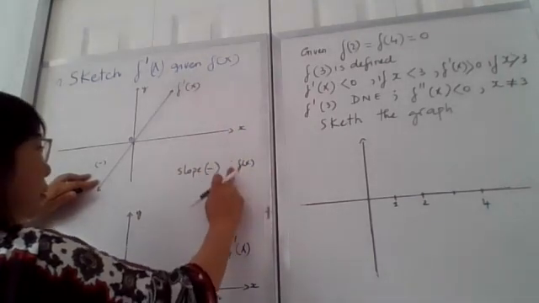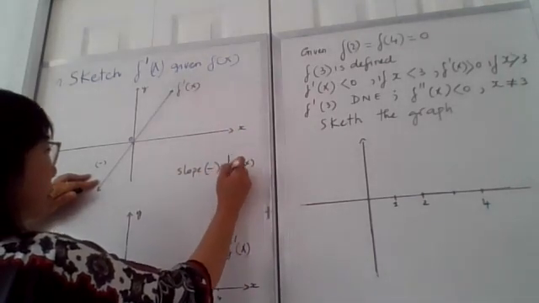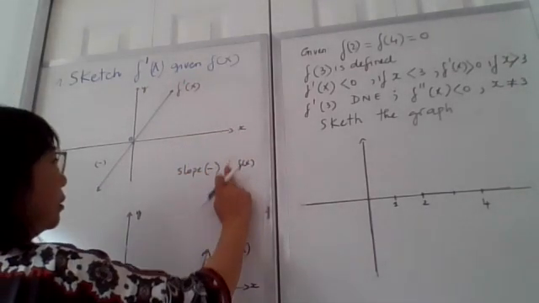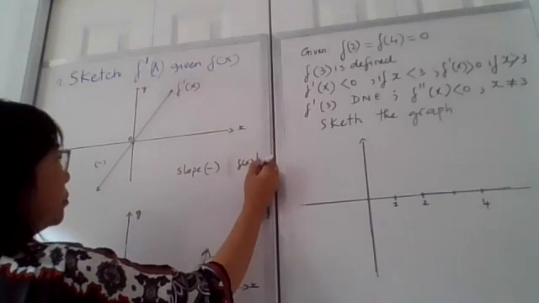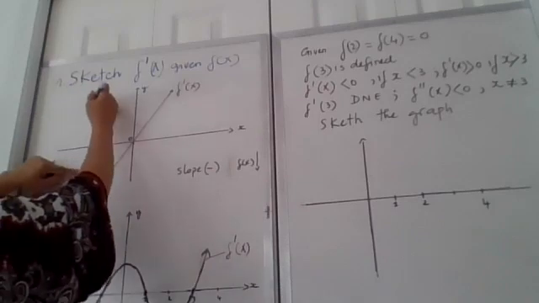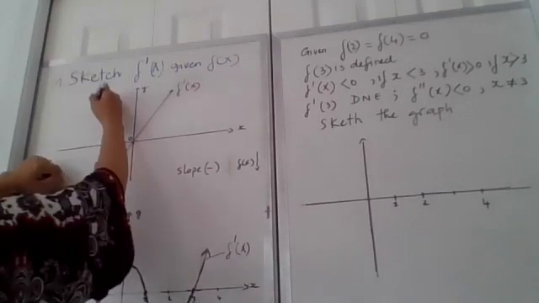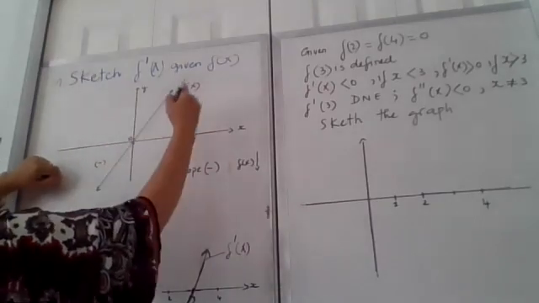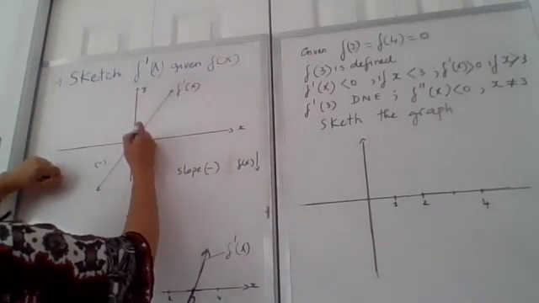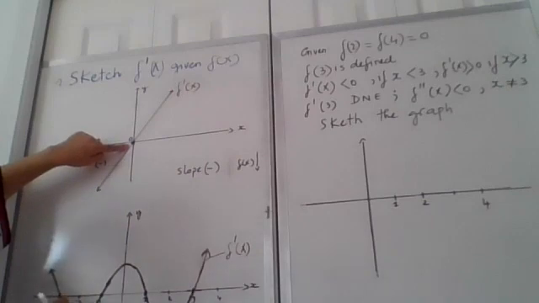If the slope is negative, the function f of x is decreasing, not increasing. So we should put it at a high level and then go down to a low level, decreasing until the slope equals 0.